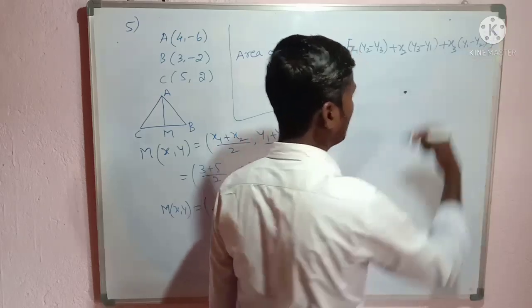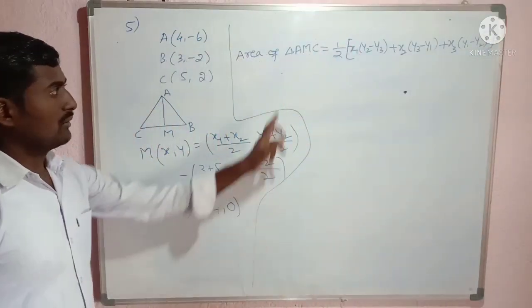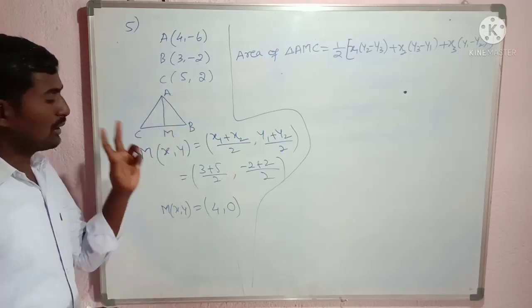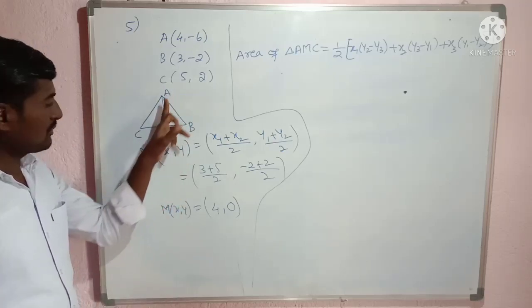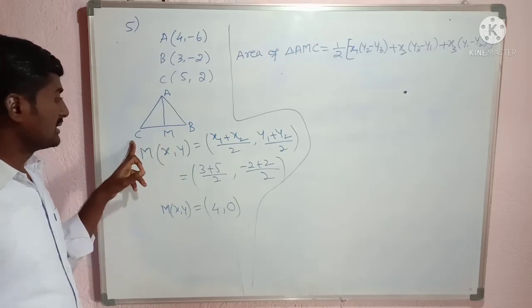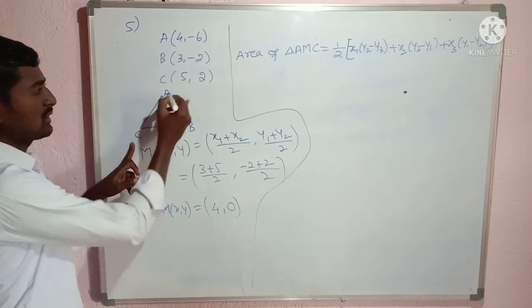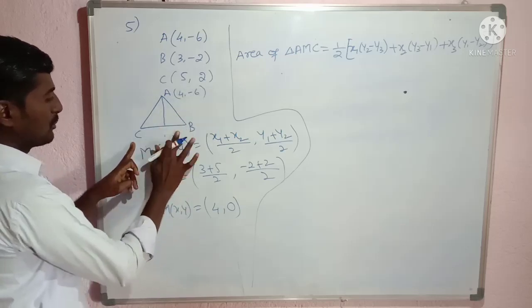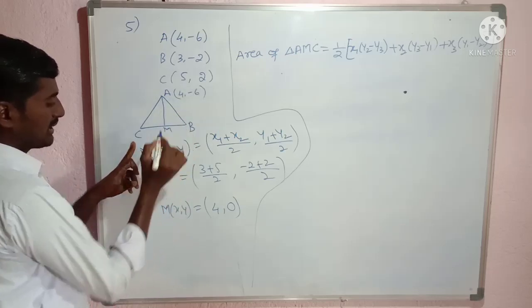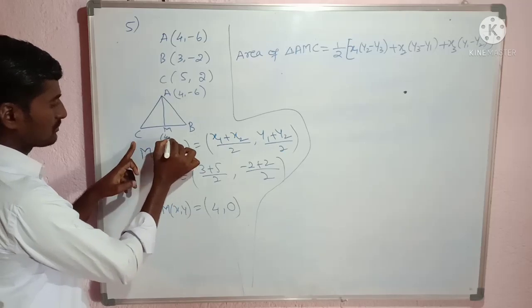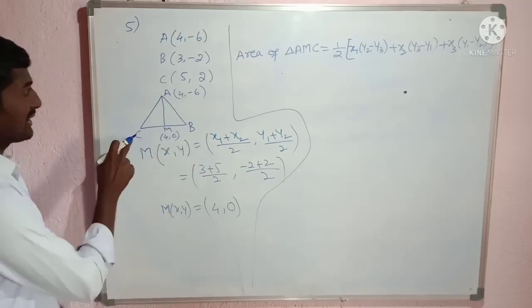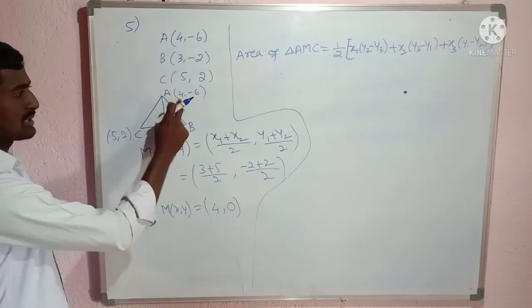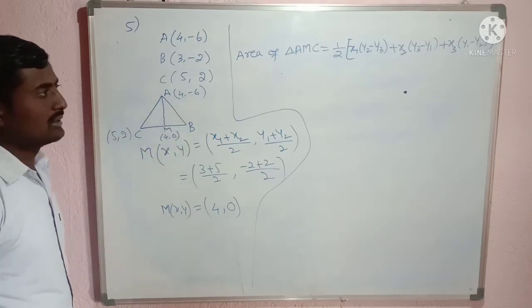This is the formula. For triangle AMC, we consider A as x1 y1, M as x2 y2, and C as x3 y3. A is (4, minus 6), the vertex M is (4, 0), and the vertex C is (5, 2).